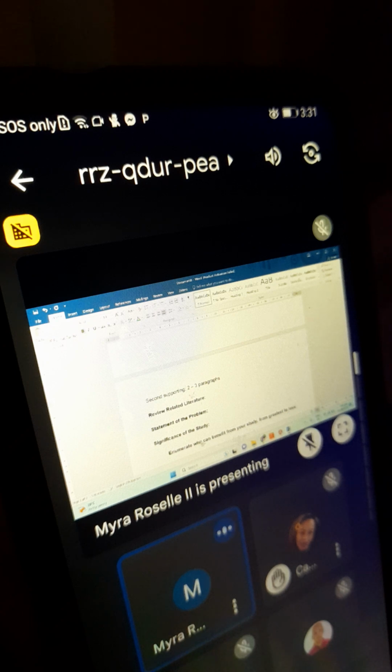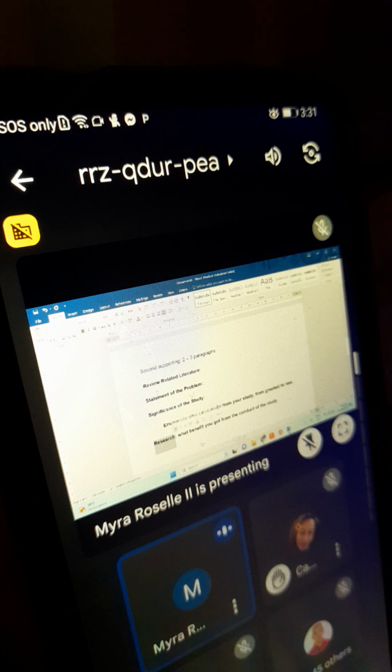Okay? Constant. Second to the last, the researcher. What benefit did you get from conducting the study? This is constant, the one highlighted in red.